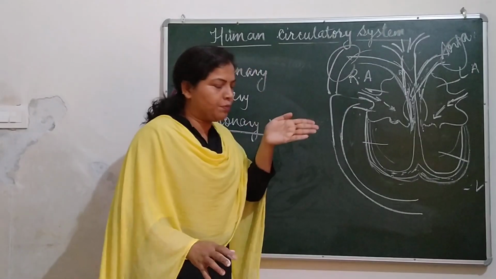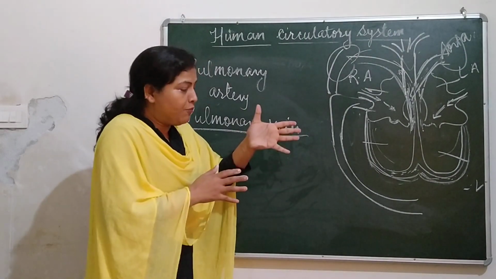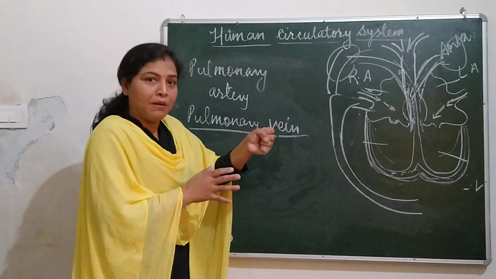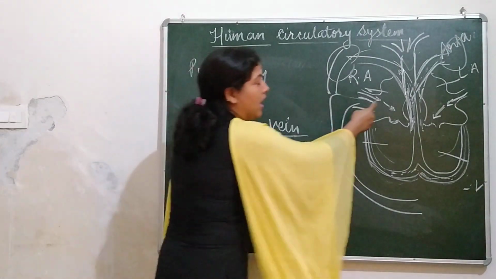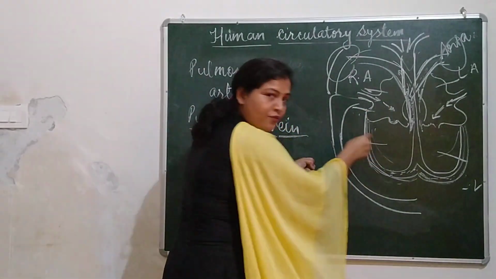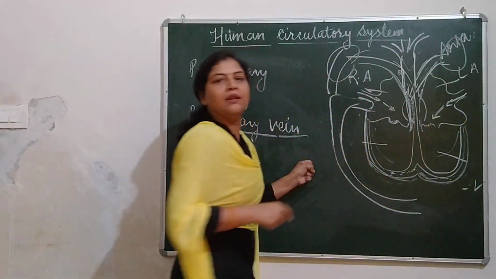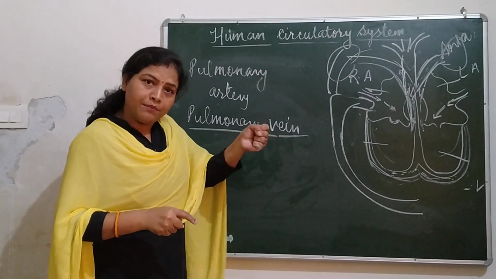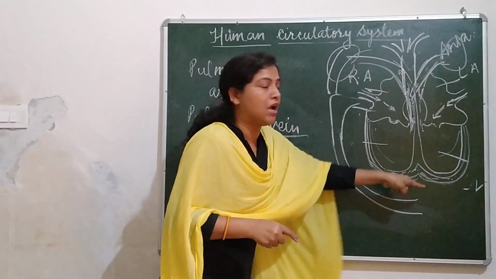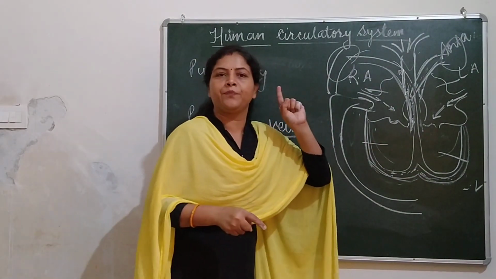So both parts are inflated because of the filling of blood. Now when this part is squeezed, the right auricle sends the blood to the right ventricle, and the left auricle sends the blood to the left ventricle. At the same time both bloods come down through the tricuspid valve and the bicuspid valve.